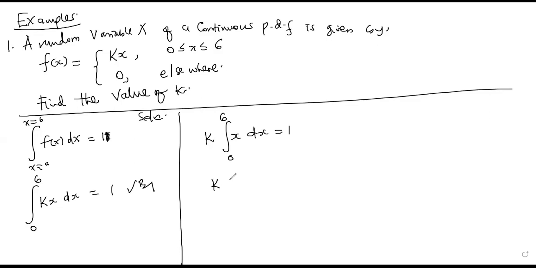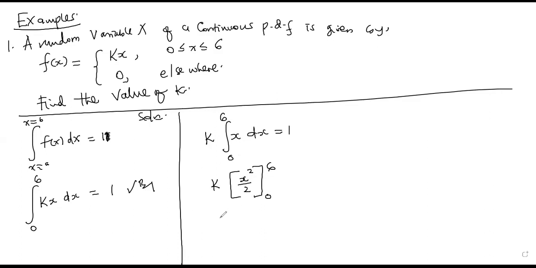Now we integrate. When we are integrating, we increase the power by 1 and divide by the new power. So x becomes x squared over 2. Because we have limits, we don't put a constant; we don't say plus constant. Instead we put the limits.